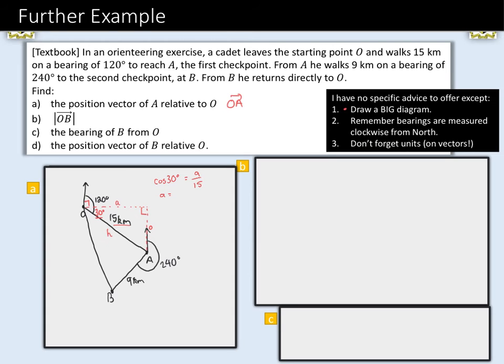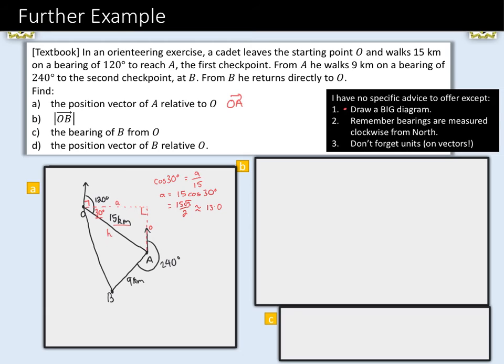My adjacent component is just going to be 15 cos 30, which is 15 root 3 over 2. Or I could round that and it's going to give me 13.0 to 1 decimal place.